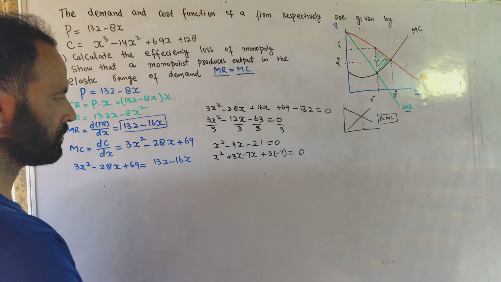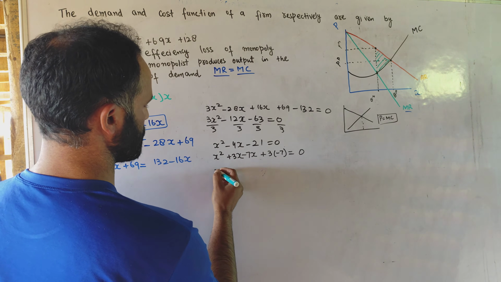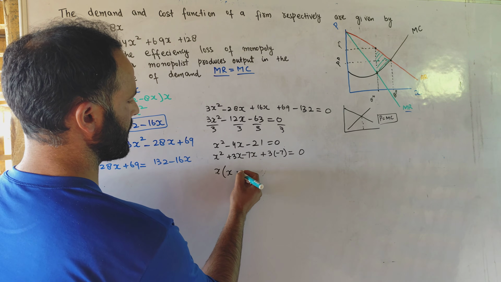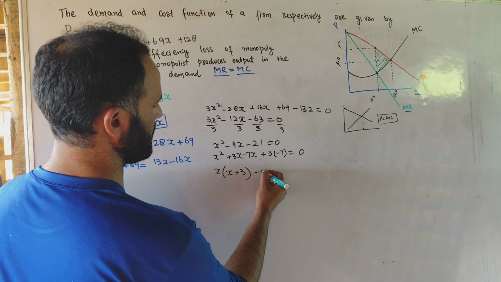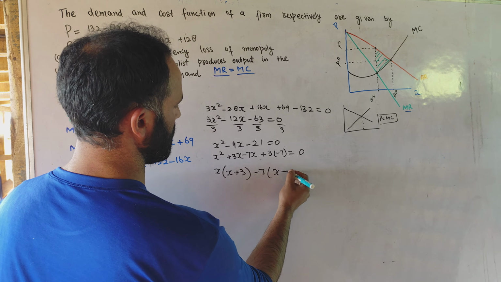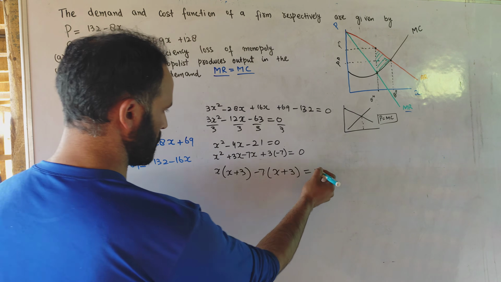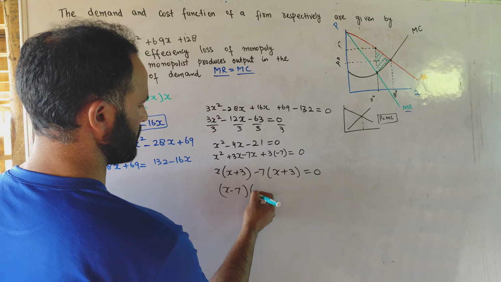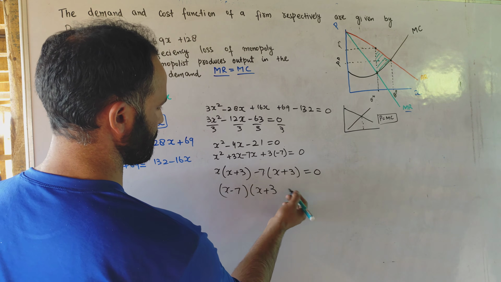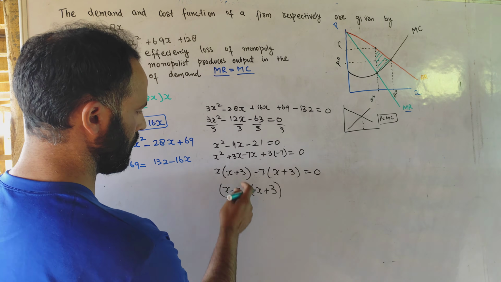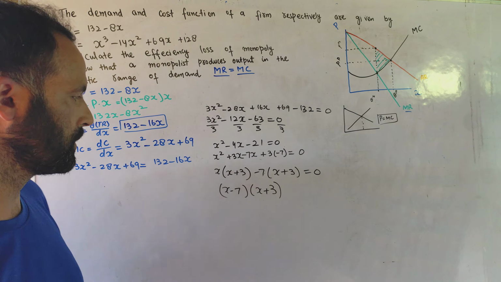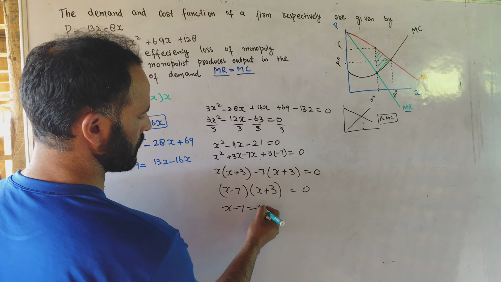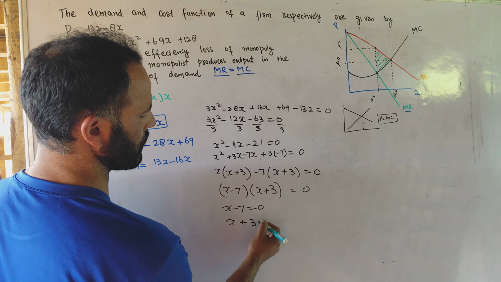So let us factor out. Taking x common, I am left with x plus 3, and taking minus 7 common, we get x plus 3. So let's take x plus 3 common, we are left with x minus 7, which implies either x minus 7 is equal to 0 or x plus 3 is equal to 0.